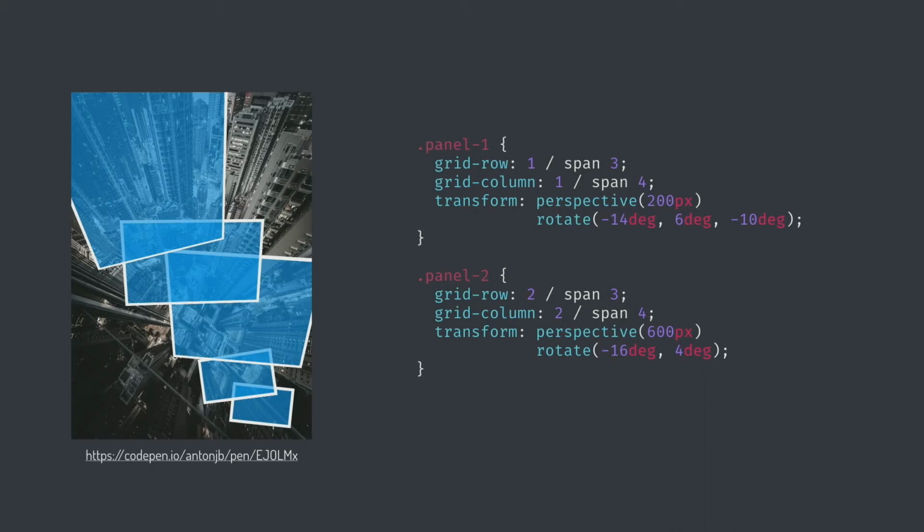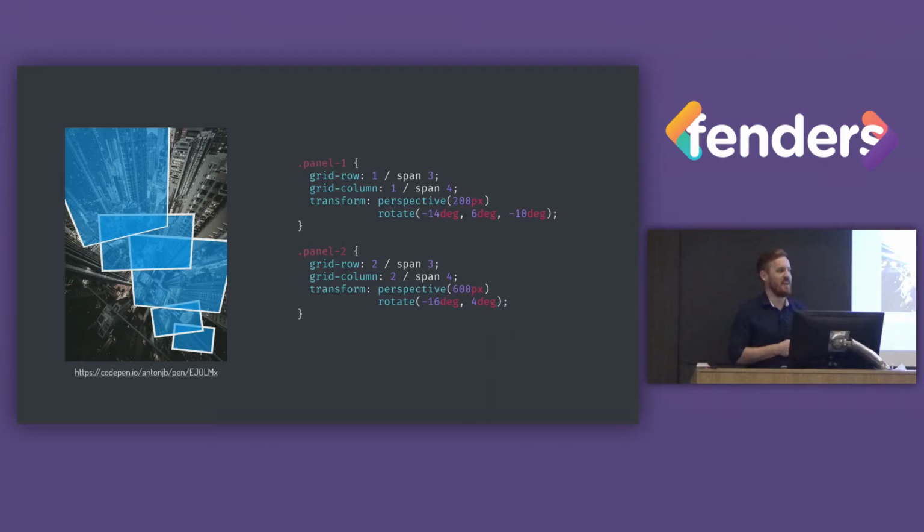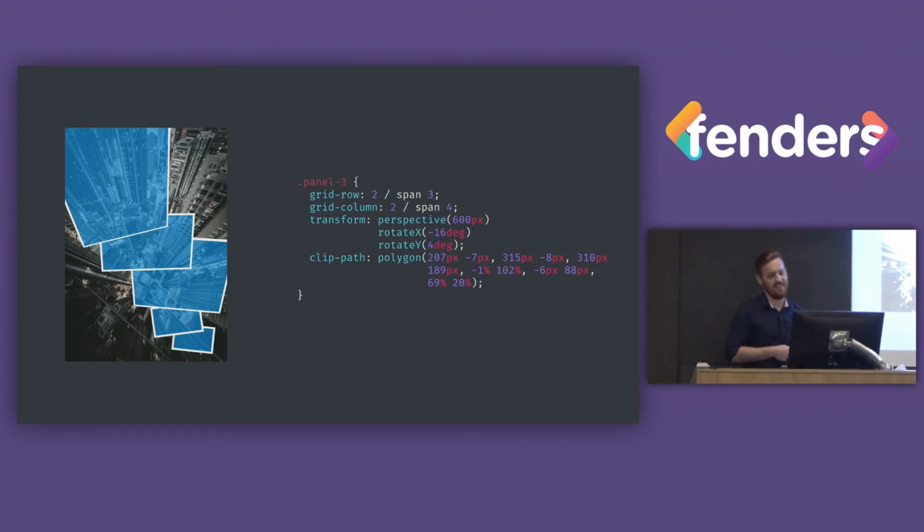So panel 1 is up the top there. We give it some perspective and then rotate it using each of the axes to get it into place. It gives us that unique shape to it. The same is done with panel 2. You may be seeing a problem here with our layout, though, in that they're showing the backs of the squares coming through. So clip path to the rescue.